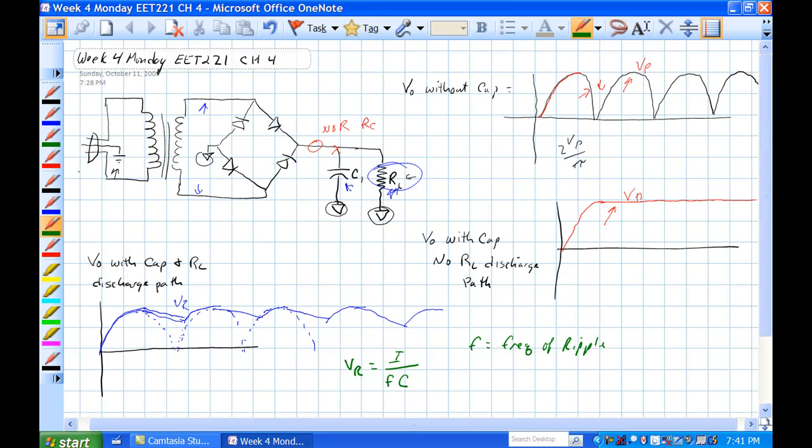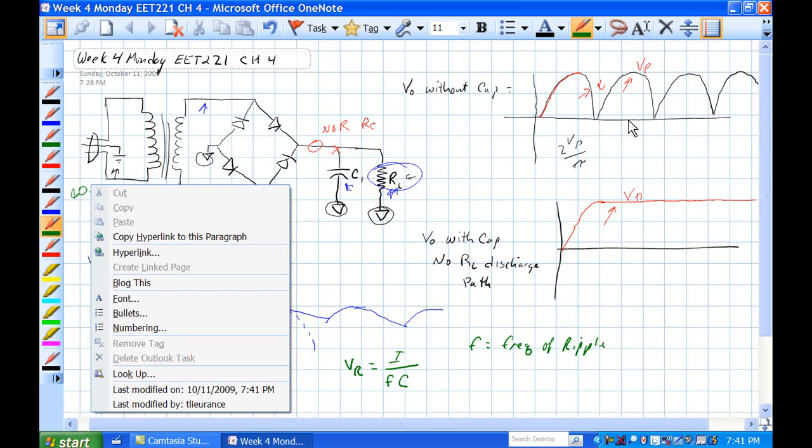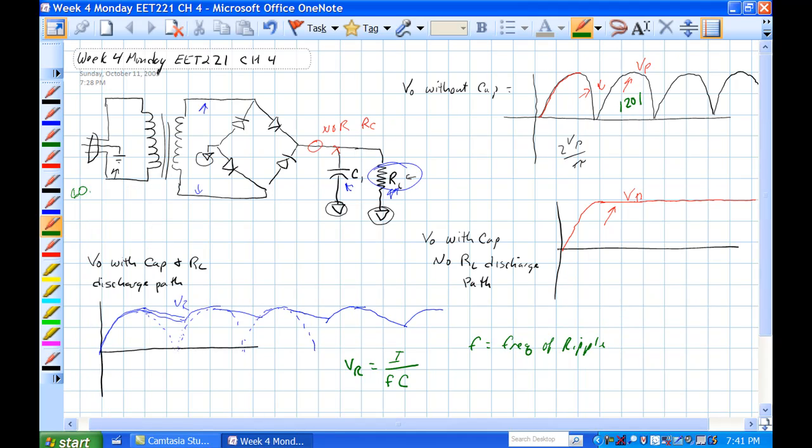In this case, if we have 60 hertz in, this is 120 hertz. So the ripple here for a full wave bridge rectifier is 120 hertz.